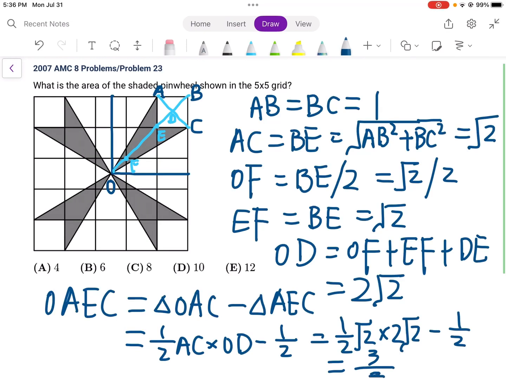And because we have 2 in the denominator, and because we have 4 of these areas, therefore the total will be 3/2 multiplied by 4, and that is 6. The answer is B.